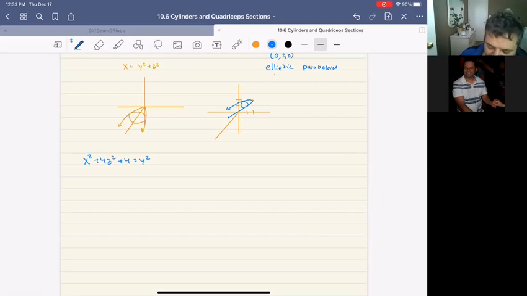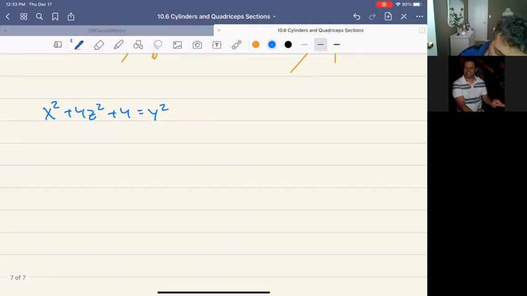So I'm going to write this as x squared plus 4z squared minus y squared equals negative 4. I don't like that negative sign, so let's change it up. That's going to be y squared minus x squared minus 4z squared equals 4.